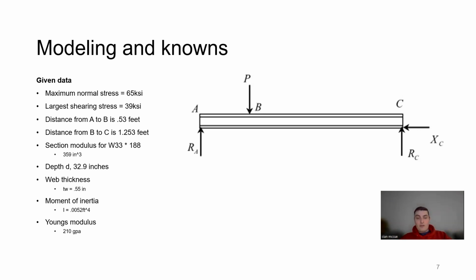For the railroad track that we are using, the beam in this case is given as 0.0052 feet to the fourth. And our Young's modulus, also given for this equation, is 210 GPa.